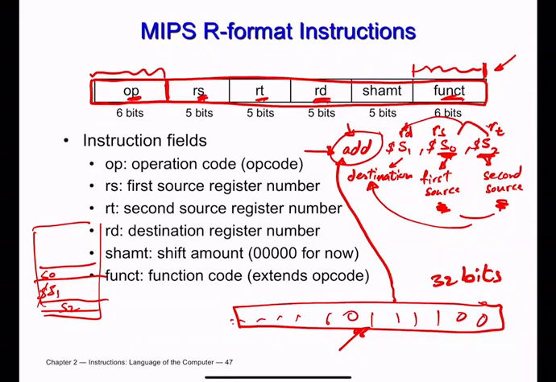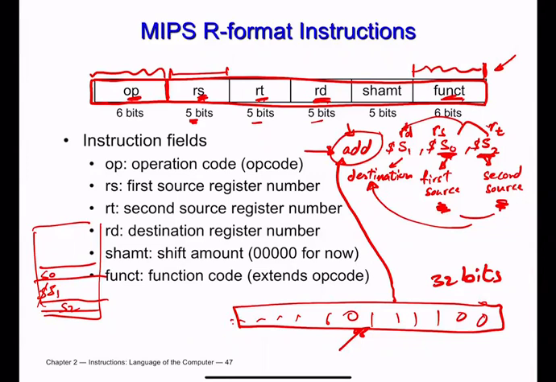But then the next question is, how many bits do I need to represent something like that? Interestingly, the MIPS researchers chose 5 bits for each of these. But then we need to ask ourselves, why 5 bits? Why did they decide that 5 bits would be enough to represent this information?